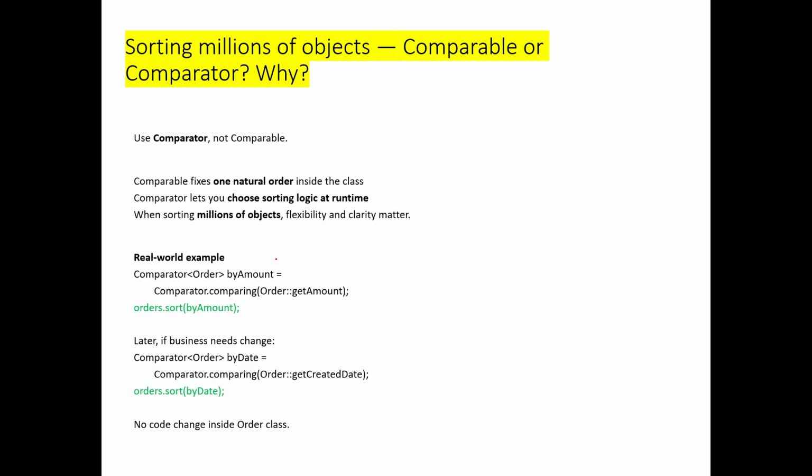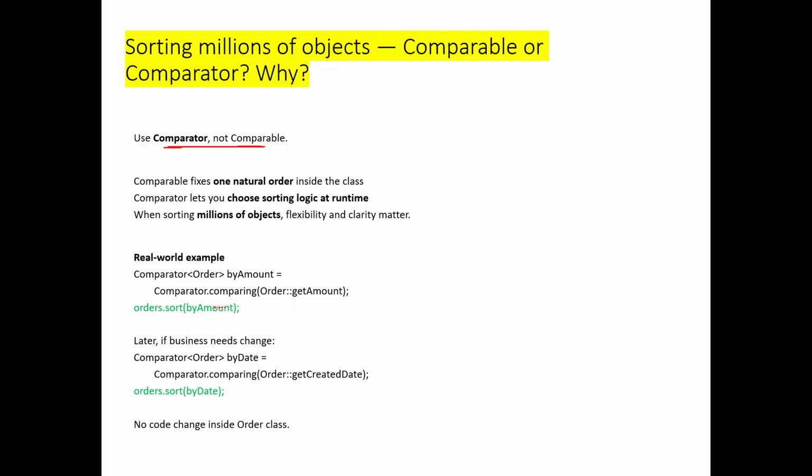If we use Comparable, we need to implement the Comparable interface in the Order class and override the compareTo method. But if we use Comparator, what will you do?